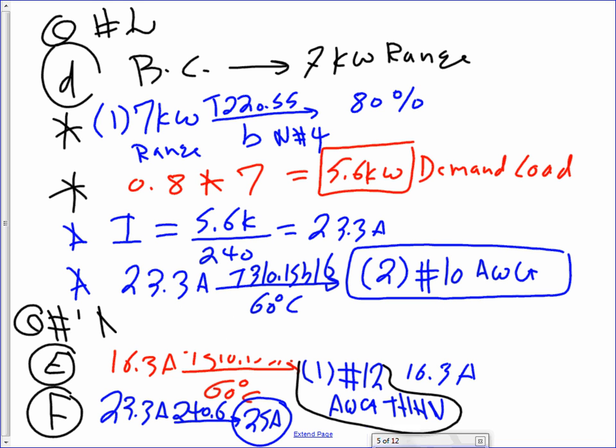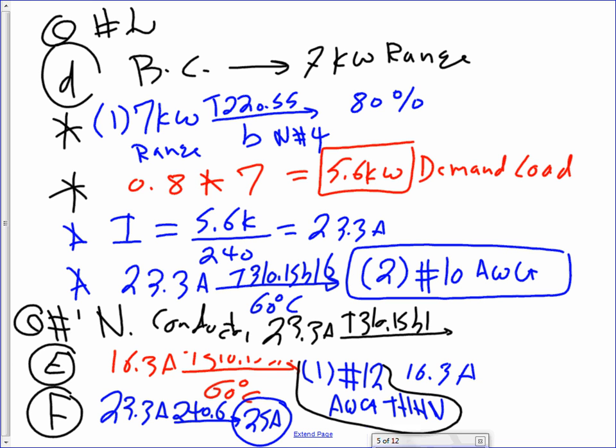The neutral conductor size is exactly the same. So it's 23.3 amps. Take the table 310.15(B)(16), 60 degree column, and that will give you one conductor, number 10 AWG THHN.